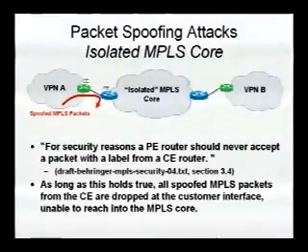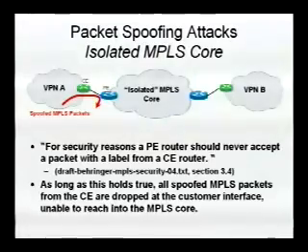In the isolated MPLS core case, what the various documentation says, so here in draft Behringer MPLS security and some other technical white papers, say that for security reasons, a PE router should never accept a packet with a label from a CE router.